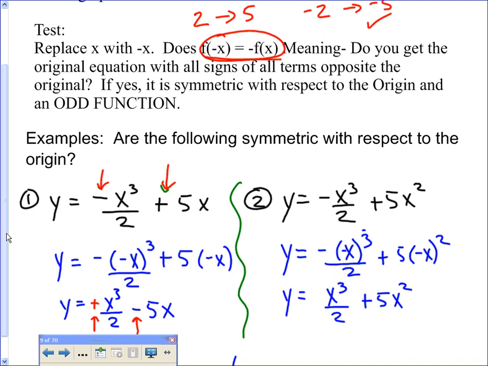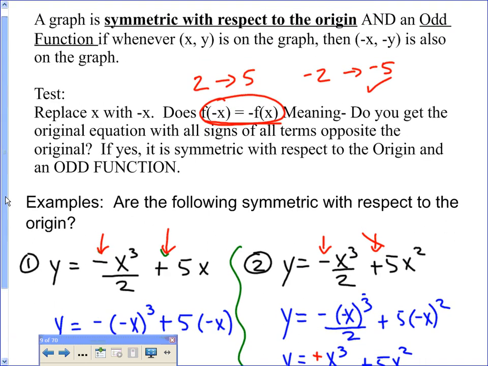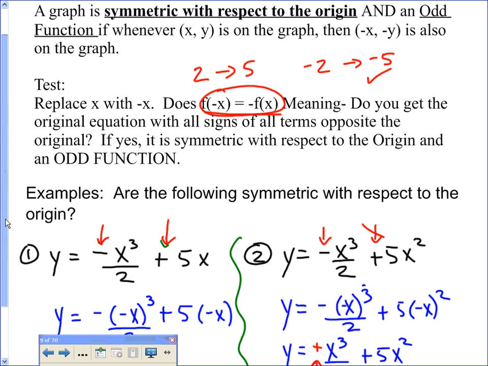Now I compare my signs. I have a positive here, and that stays the same. Notice those are exactly the opposite. And now if I look at those two, those are exactly the same. So that one doesn't work out. So I don't have symmetry with respect to the origin in this case. It is not an odd function.